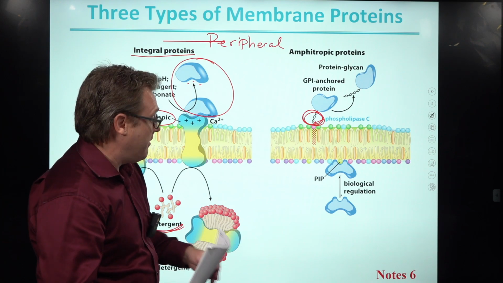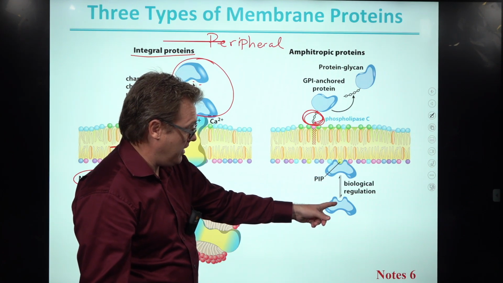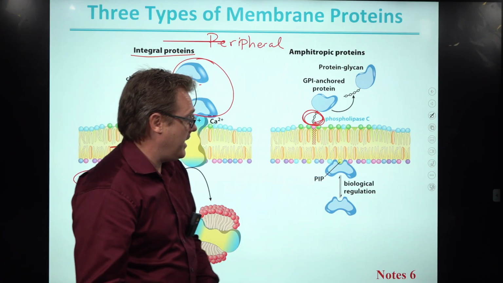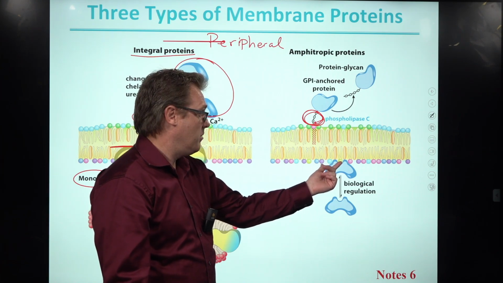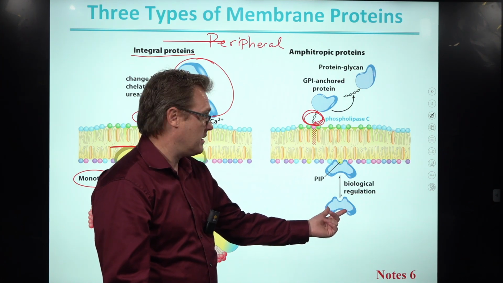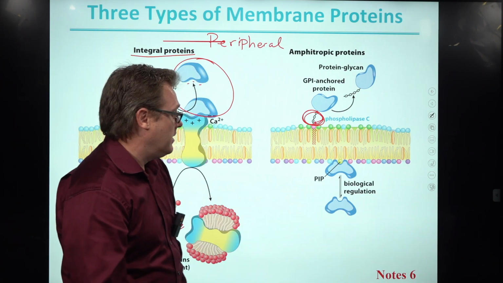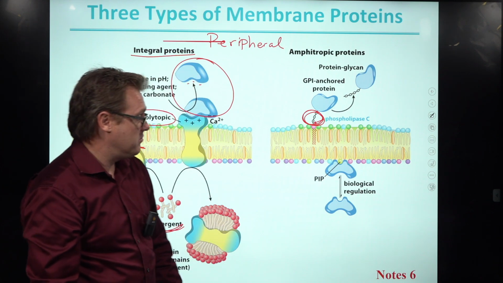And then you have on this side right here, this is also an amphitropic protein in which it is associating with the membrane. Okay? And then it's falling off. Right? And so in this protein right here, how does it know when to bind the membrane?